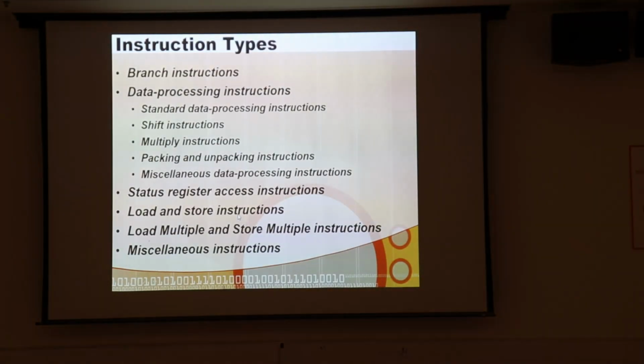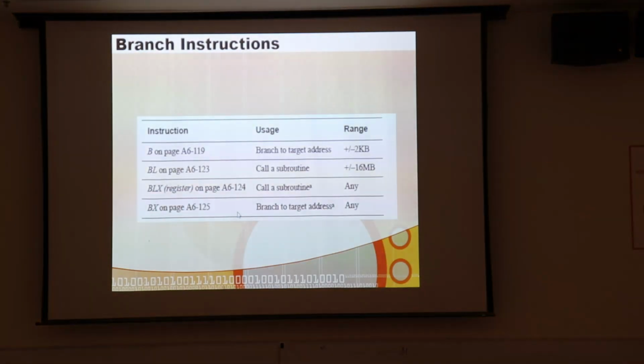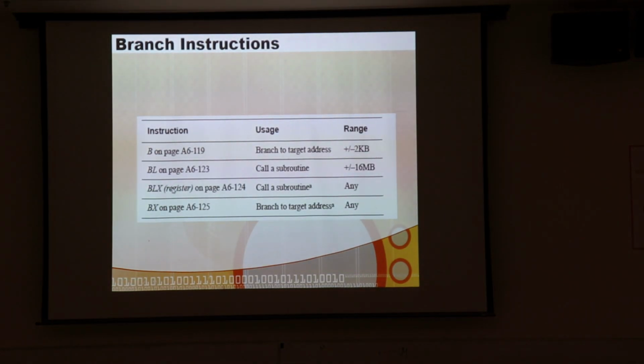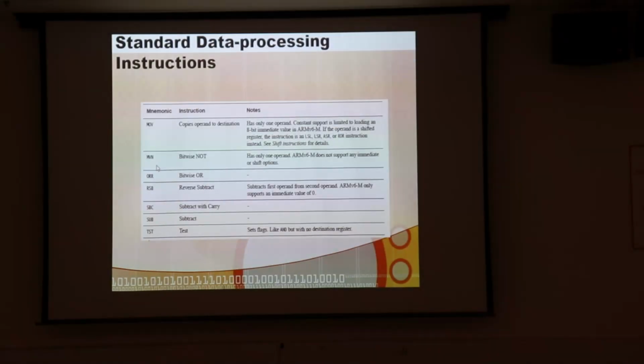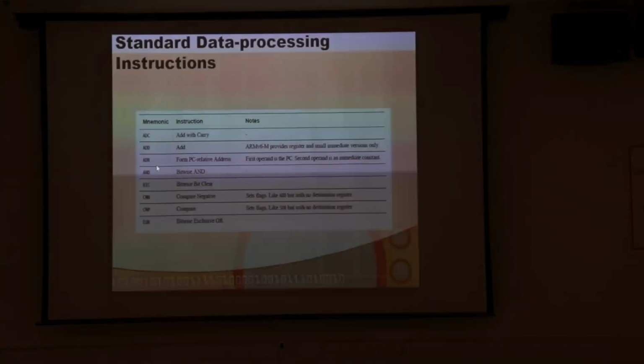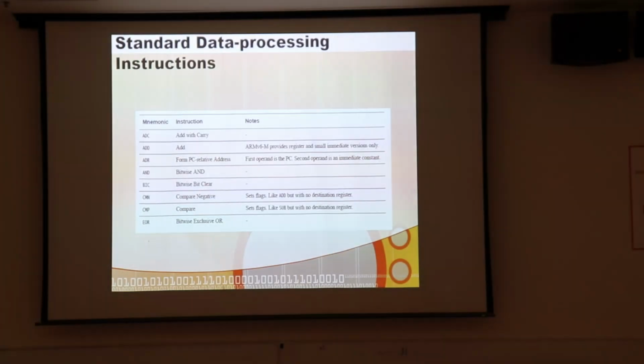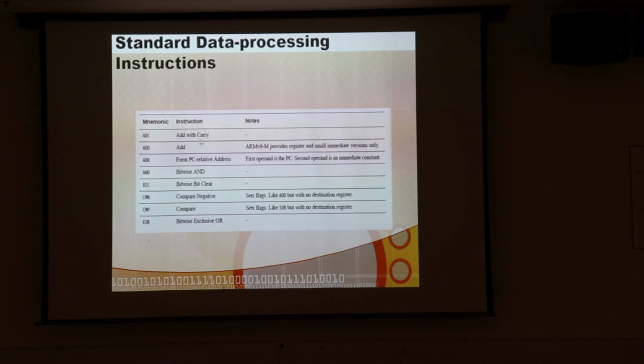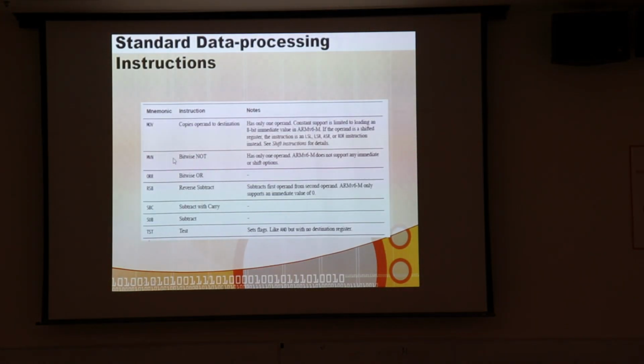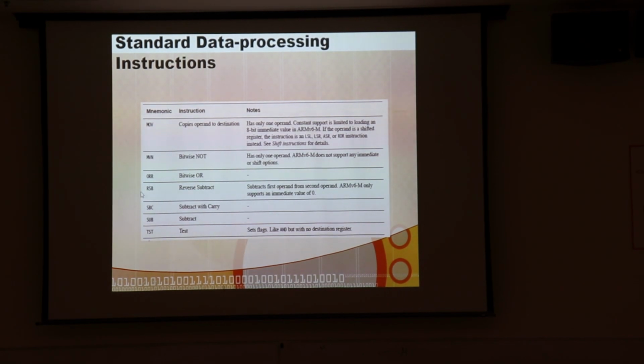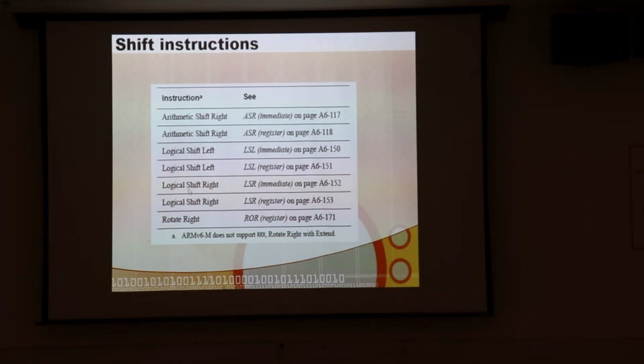Okay, so here's, I think I have those laid out here. Yeah, so there's BL, no, let's see. Yeah, here they are. No, sorry. Well, actually, there's some more instructions we didn't talk about: add with carry, add, and, clear, compare, negate, exclusive or, bitwise not, bitwise or, reverse subtract, subtract with carry, and subtract.